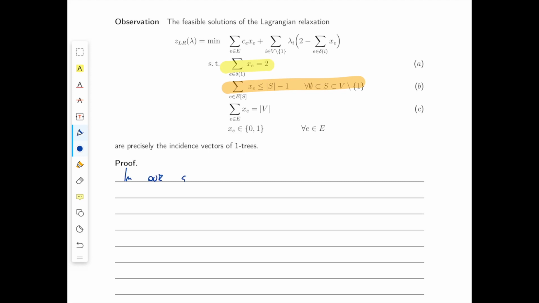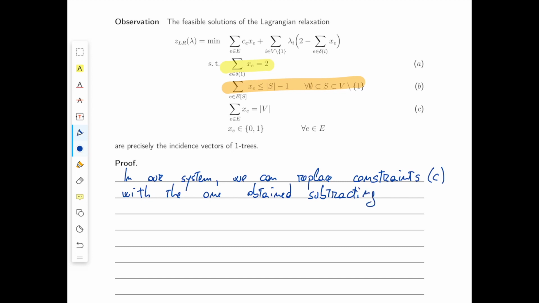In our system, we can replace constraint C with the one obtained subtracting A from C, which is sum for e in E minus delta of 1 of x_e equal to cardinality of V minus 2. And let's call this equation C prime.